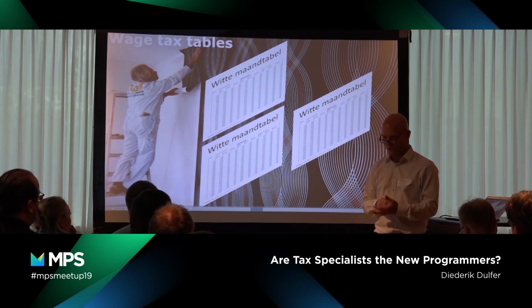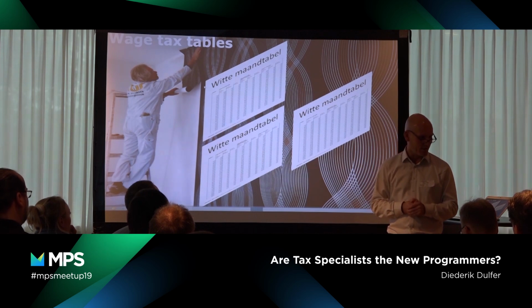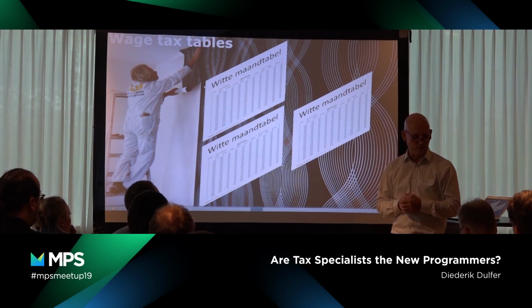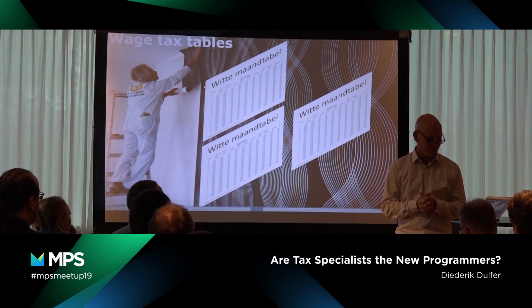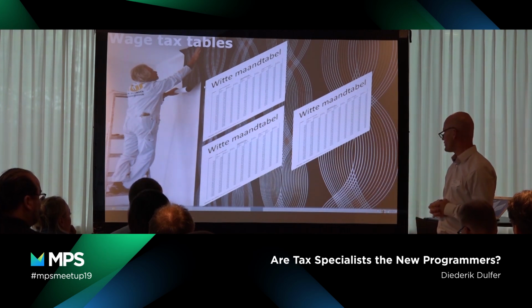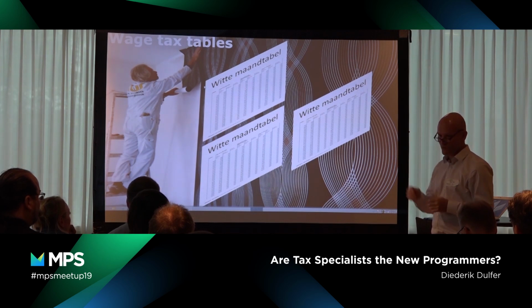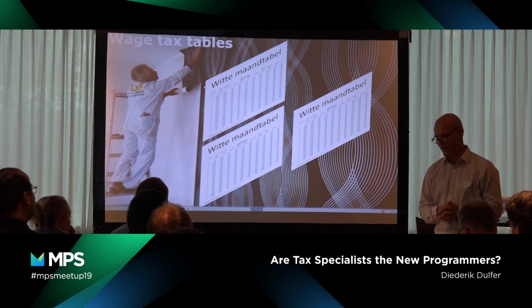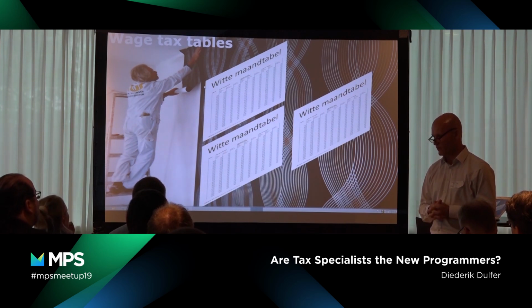That's the way it works. And in the early days, it was one table, and you could get a copy at the Ministry of Finance, and then you could fulfill your duties. Those rules get more complicated every year, and currently we have around 800 tables.